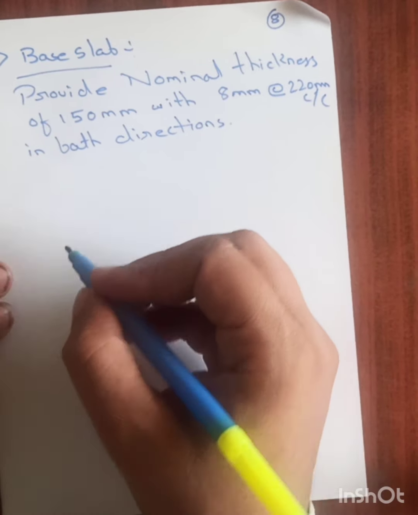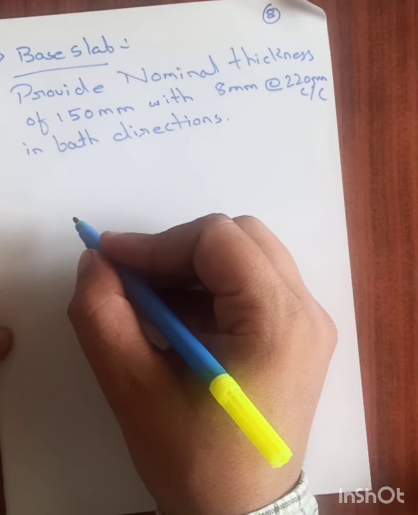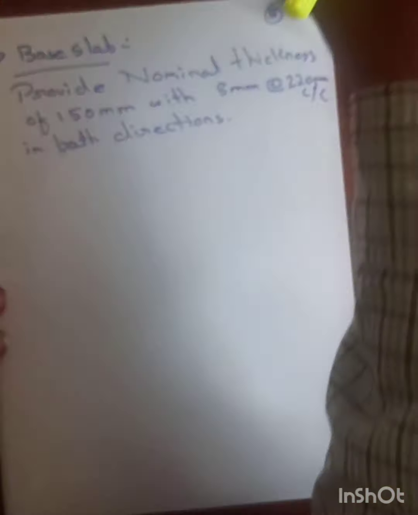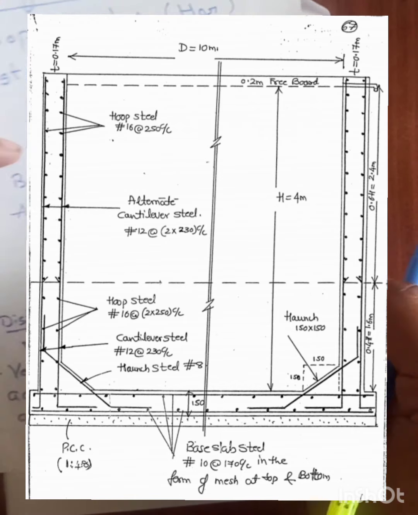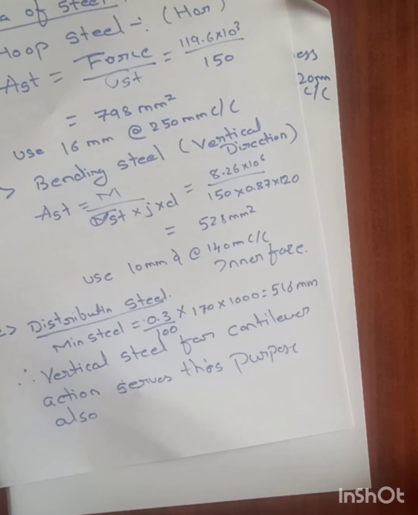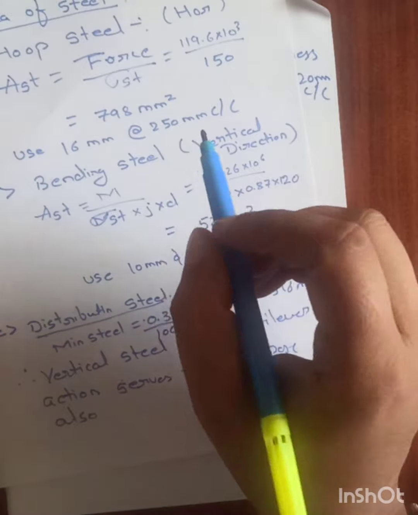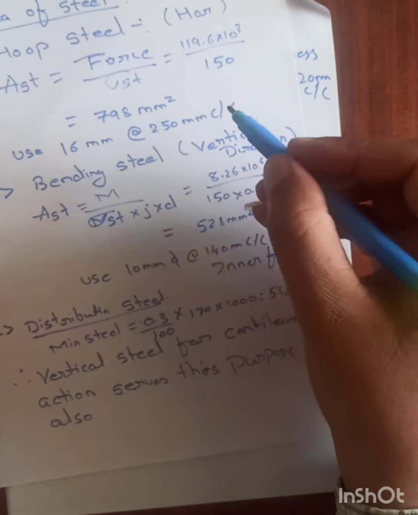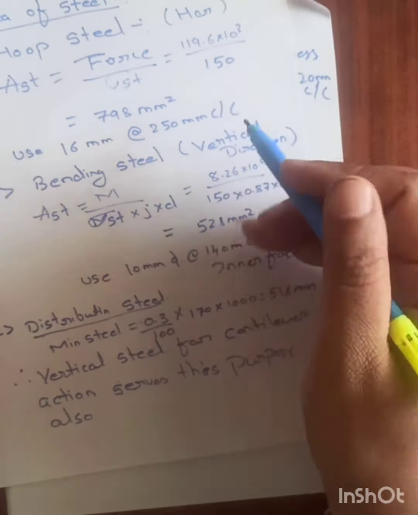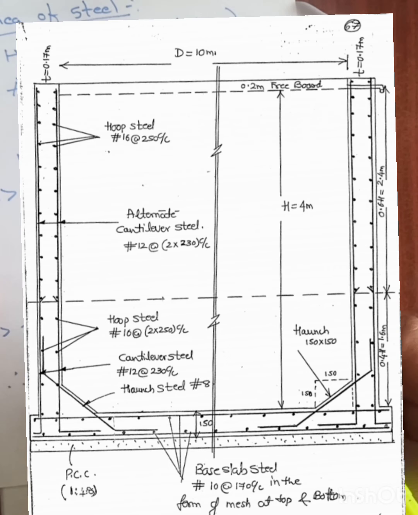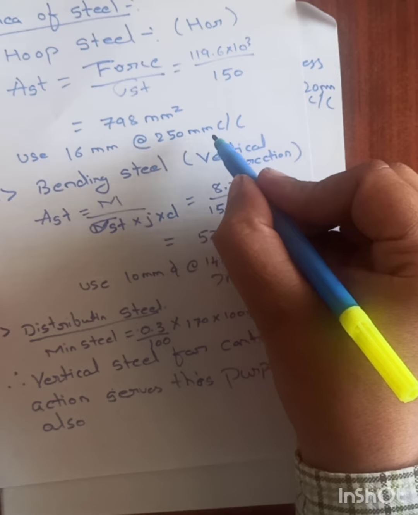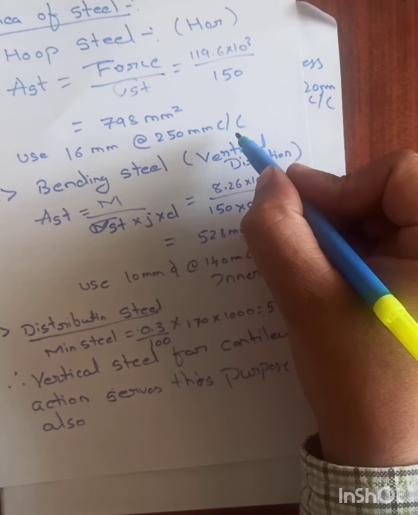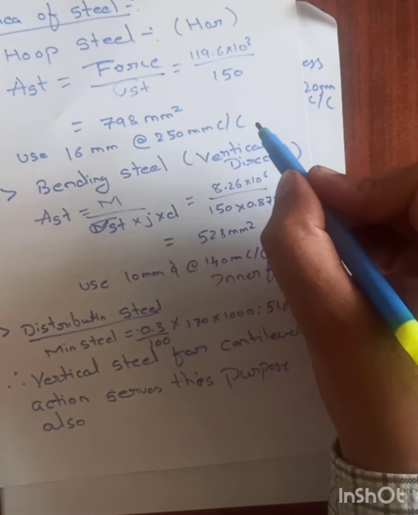Now, the figure. So we can provide the steel like this. For hoop steel, that is at top portion, we are providing 16 mm bars at 250 mm center to center till the distance of 0.66 h.